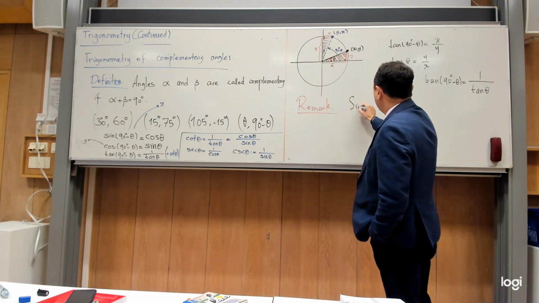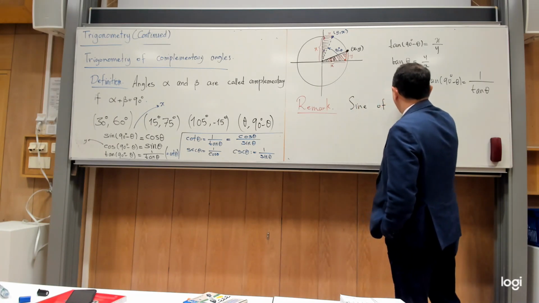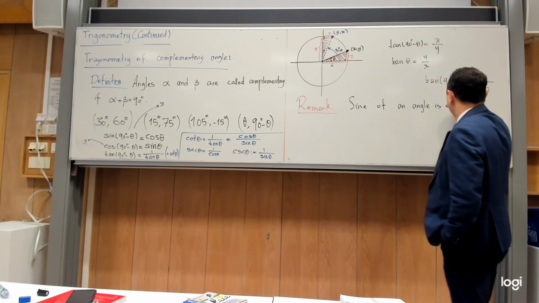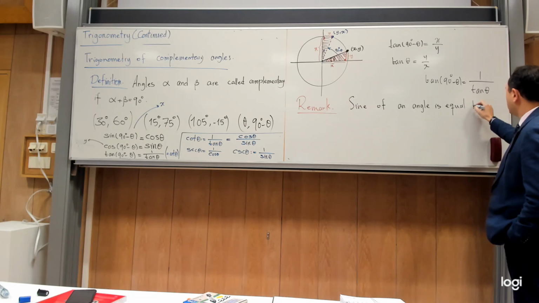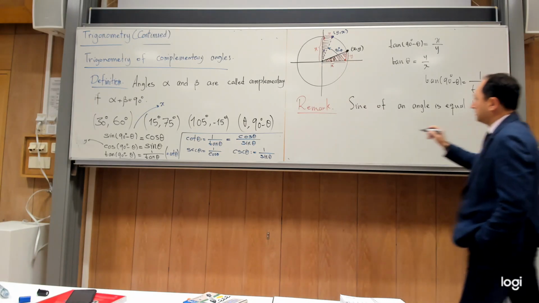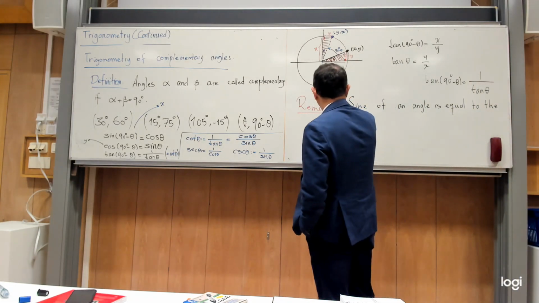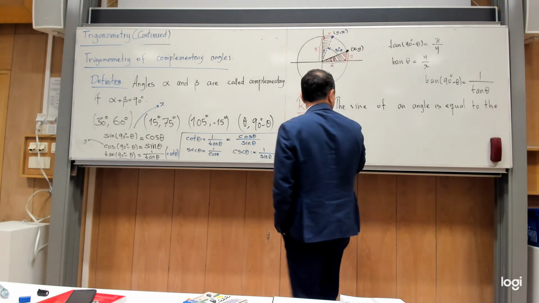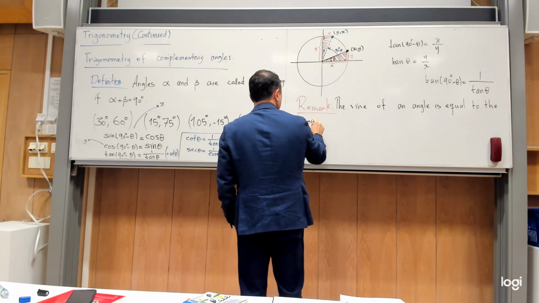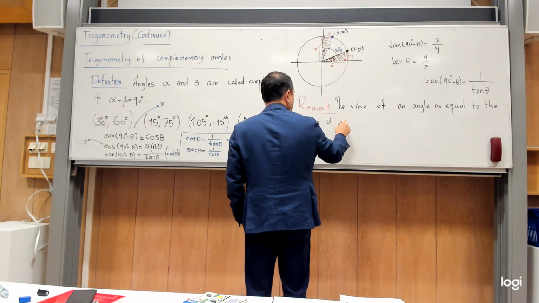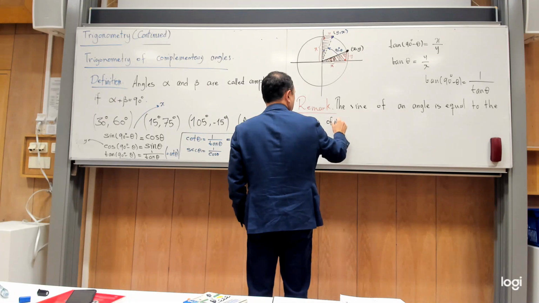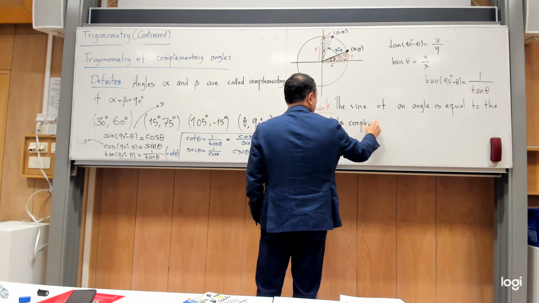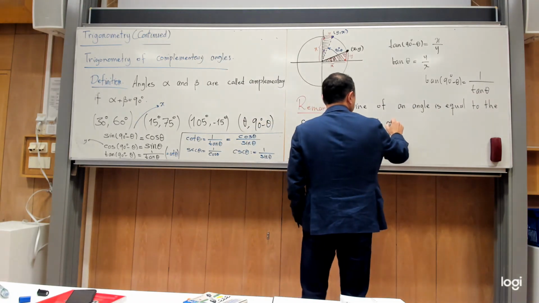The sine of an angle is equal to the cosine of its complement and vice versa.